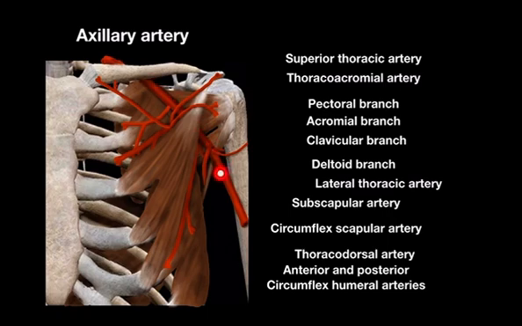You can see the posterior relations also. So, we have seen the anterior and posterior relations. Medial and lateral relations are the structures seen in the axilla, that is the contents of the axilla, like axillary vein and the cords of brachial plexus. We will see that later after considering the veins and nerves of axilla. Okay.